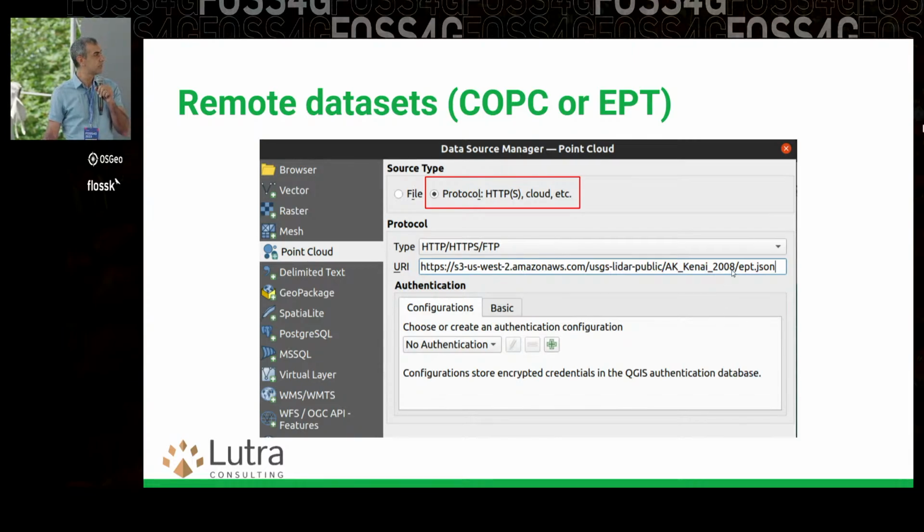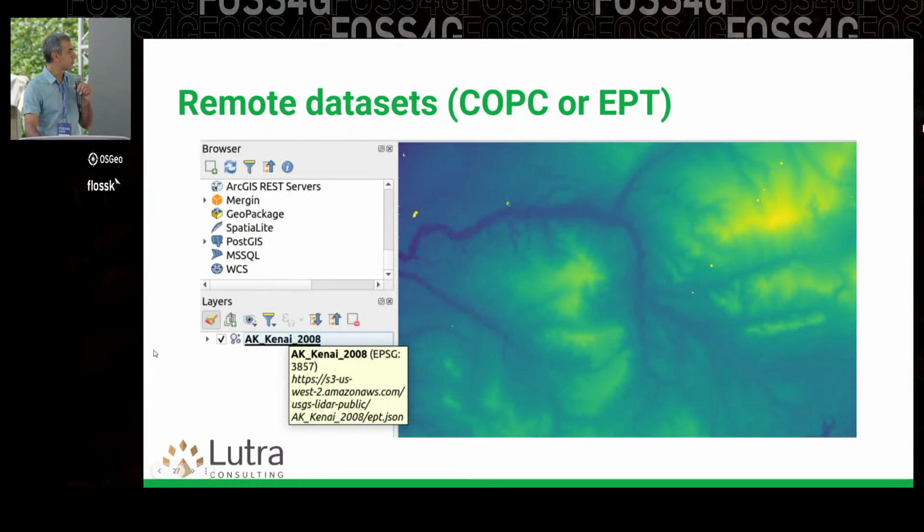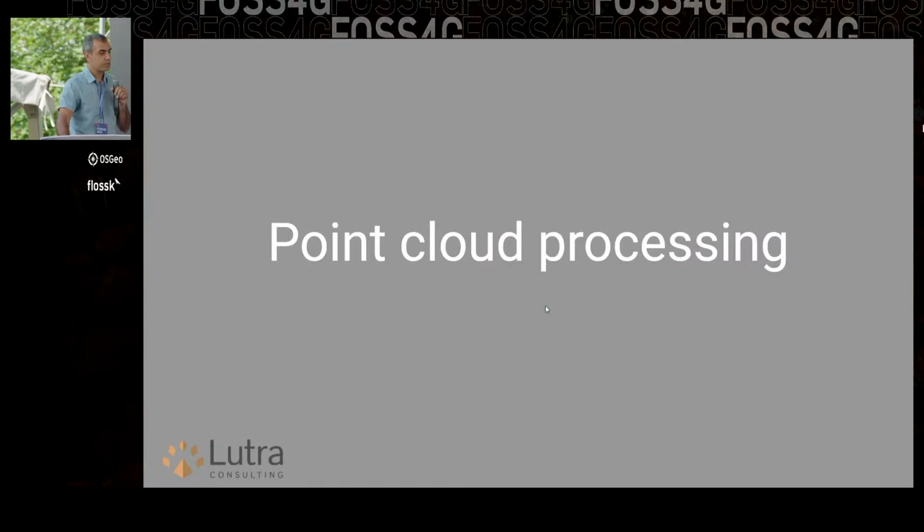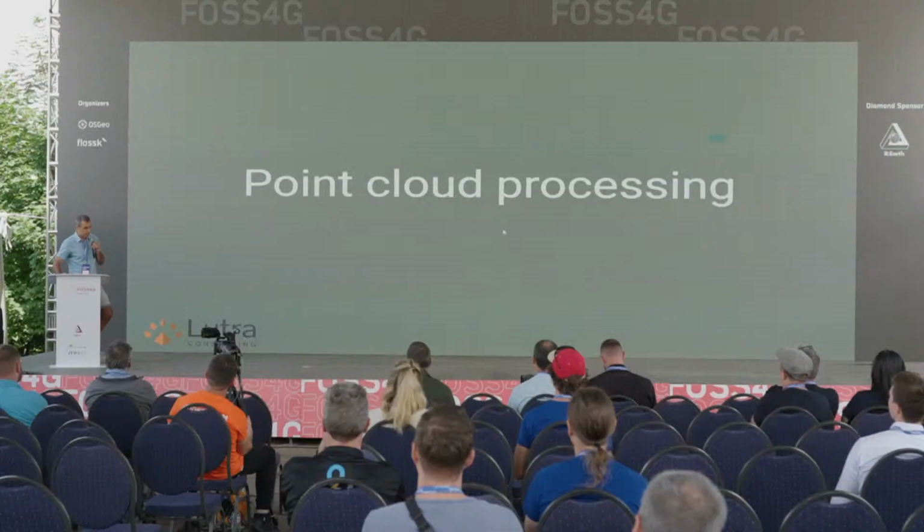And it will also be fast to process from the client side as well. So this is an example of LiDAR data. This is EPT, the predecessor to COPC, and it can easily be visualized in QGIS.